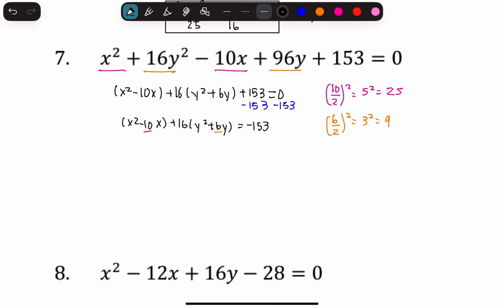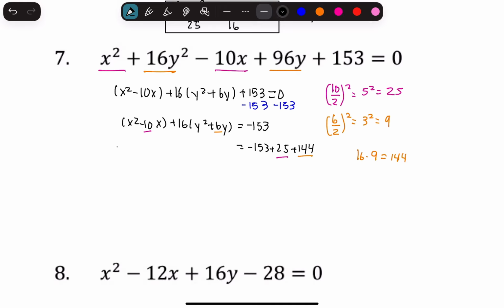You can add to both sides. So here you're going to have negative 153 plus 25 plus 144, because here you had to multiply 16 times 9, which is 144 for that component.